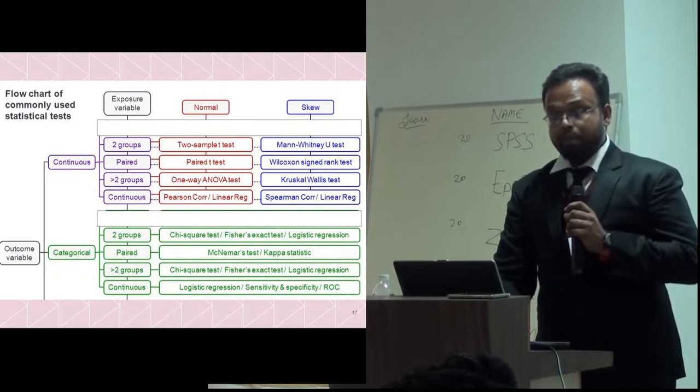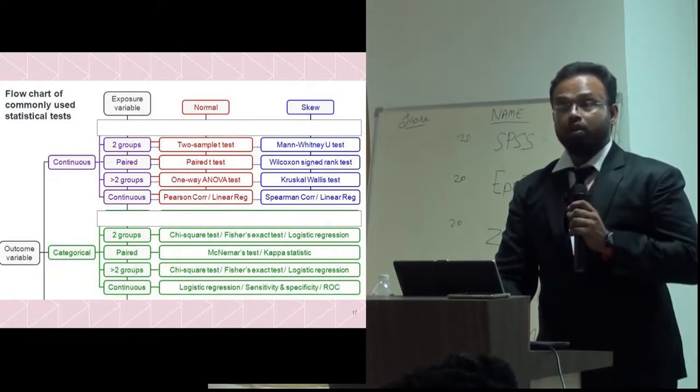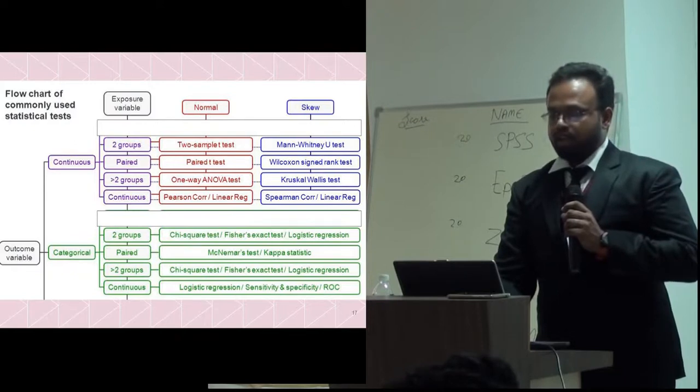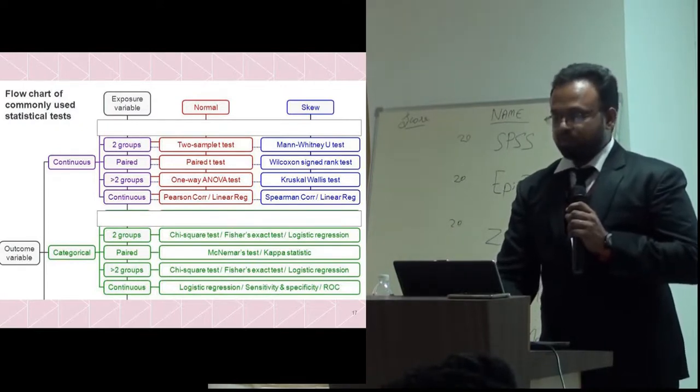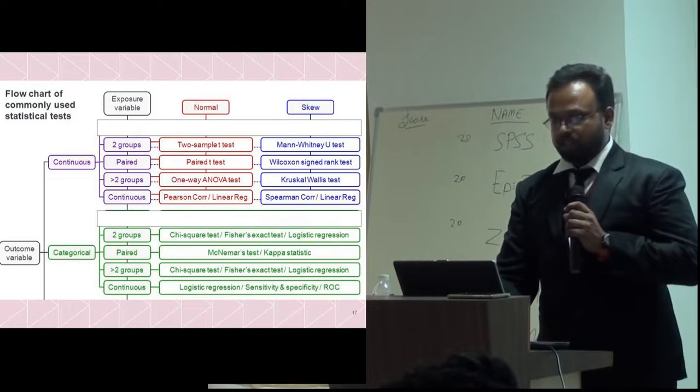If you are comparing BP directly with age, and the data is normally distributed, you need to use Pearson's correlation or linear regression. And if the data is skewed, you need to use Spearman's correlation.